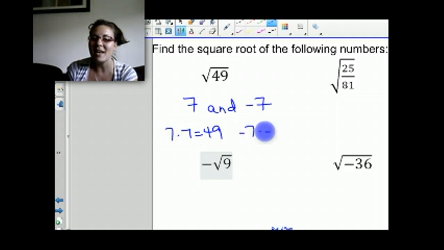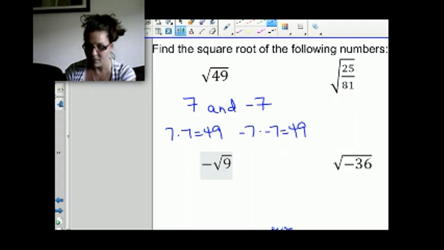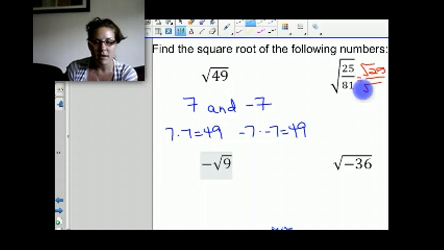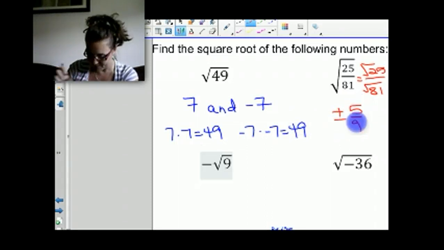Negative 7 times negative 7 is also 49. The square root of 25 over 81 can be written as root 25 over root 81. This way we don't have to do that division within the square root. So it's plus or minus 5 over 9.